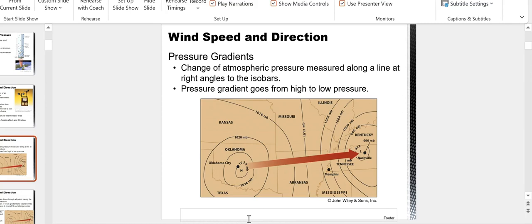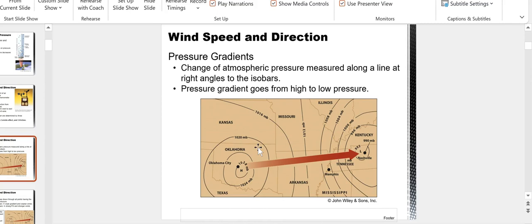Now, when it comes to pressure, we've talked a little bit about what a high pressure center is and what a low pressure center is. Now, all of these lines are called isobars. Pressure is measured by barometers, so for that reason we call these lines isobars.